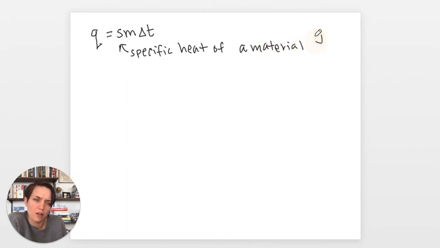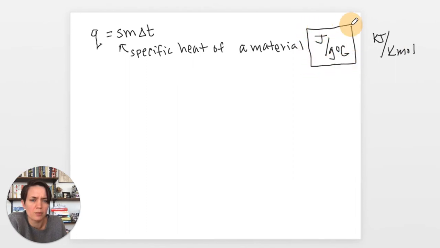And the units are joules per gram degrees Celsius. You can also have the molar heat, which is typically in kilojoules or joules per Kelvin mole. But we are going to really be focusing on joules per gram degrees Celsius in our exploration of specific heat.